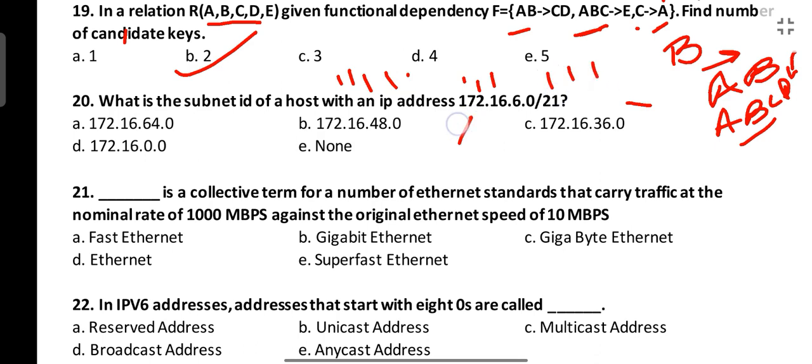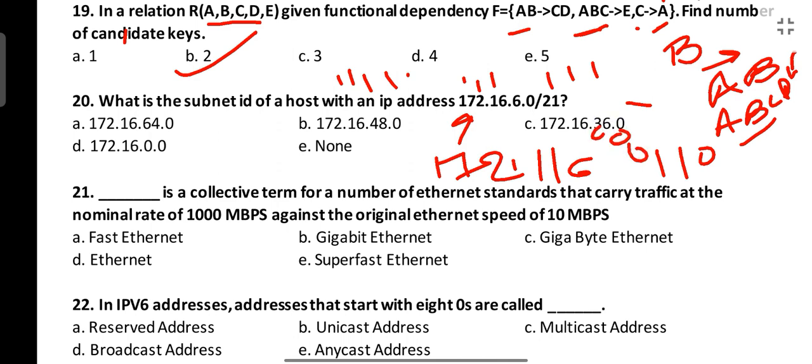Whenever we AND 172 with 8 ones, it will be 172 itself. Then 16 with 8 ones, it will be 16 itself. Now this 6, what is the binary of 6? It will be 1 1 0, and here all the 5 will be 0.